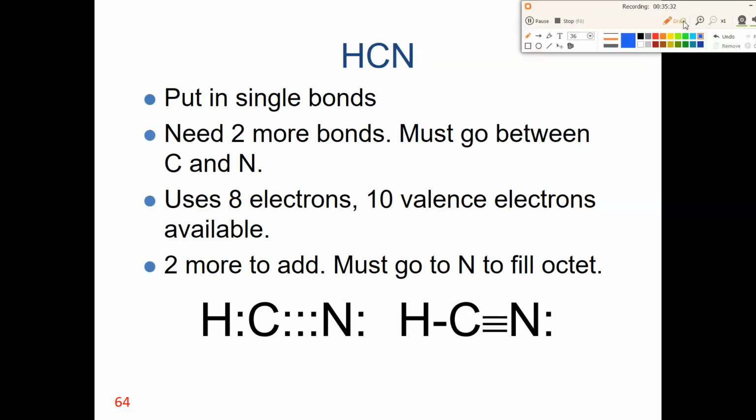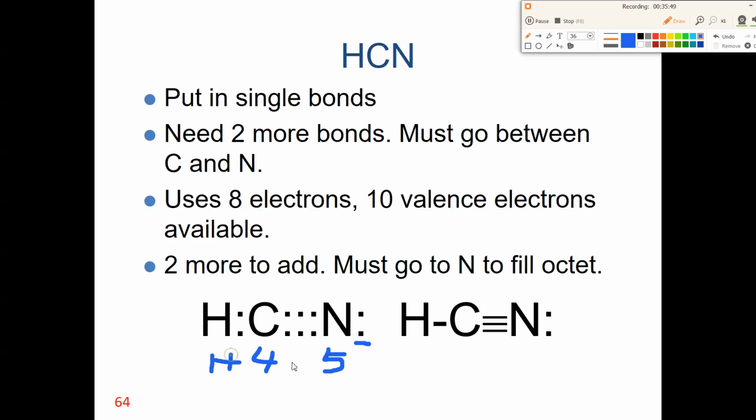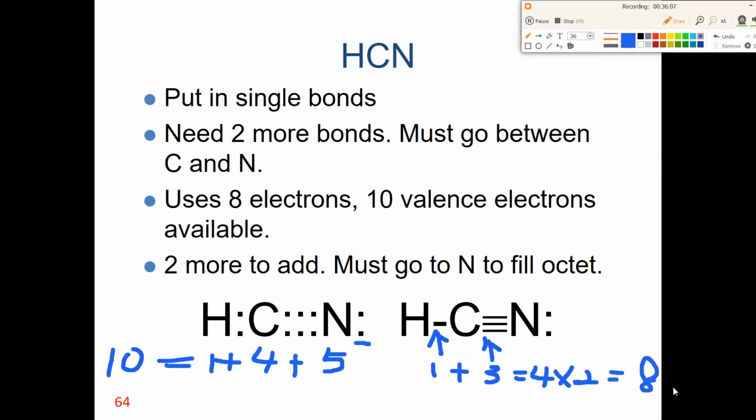The last step, you need to check octet. We need to put another extra lone pair. Remember, we figured out 10 valence electrons, however we only put in the 1 and 3 bonds. So there are 4 bonds, which equal 8 electrons, right?